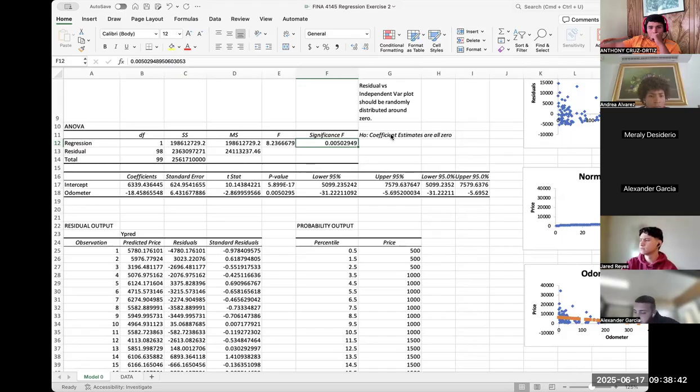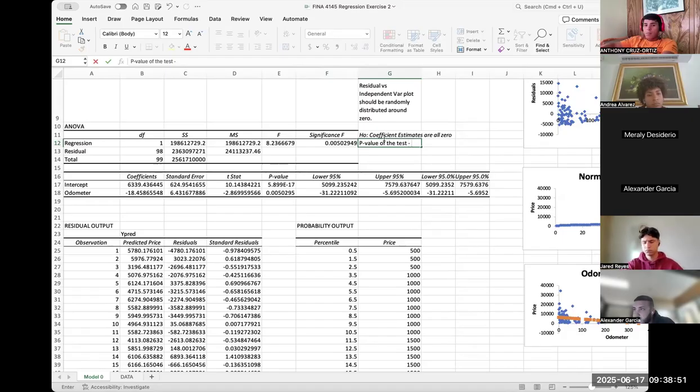So that represents the p-value. And it tells you the chance of seeing the result if the null is true.